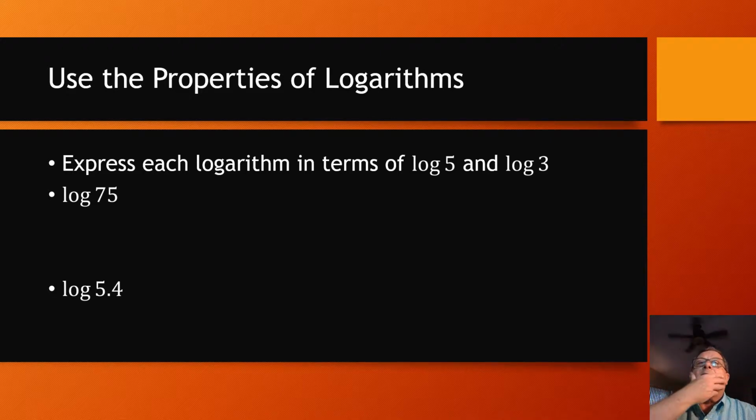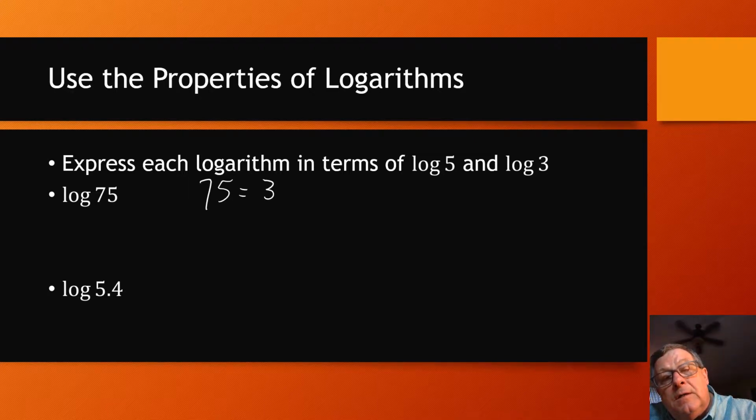Well, let's see. Let's think about 75. If I divide 75 by 3, 75 equals 3 times 25.